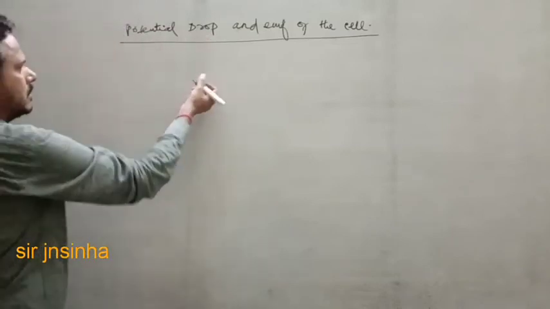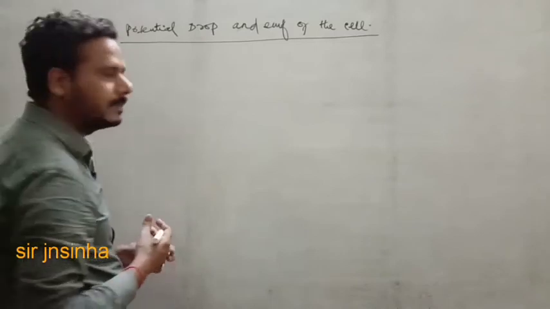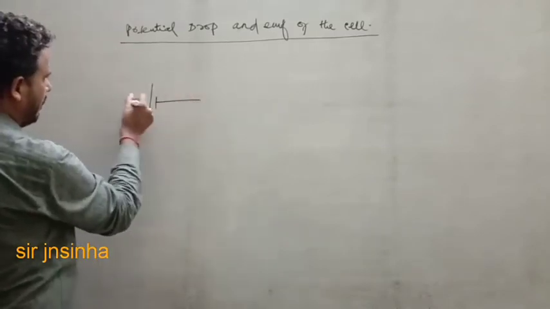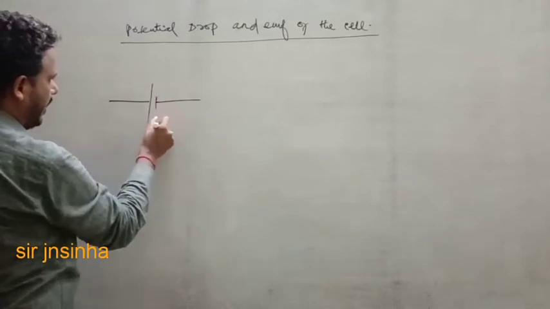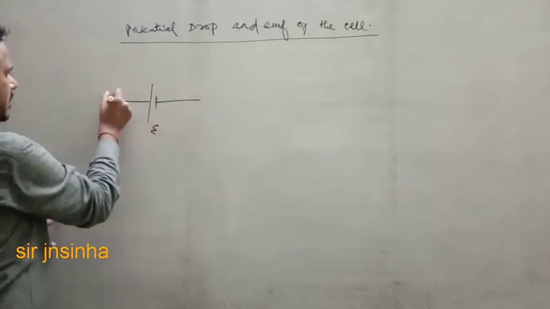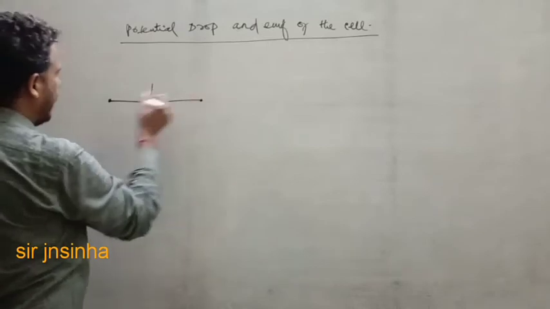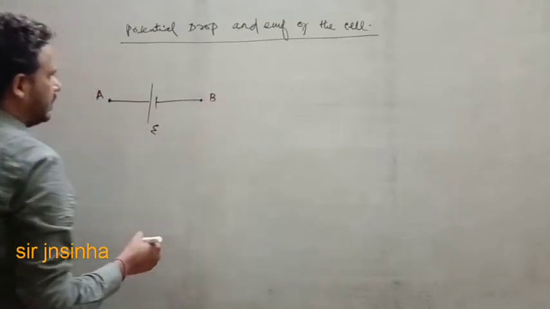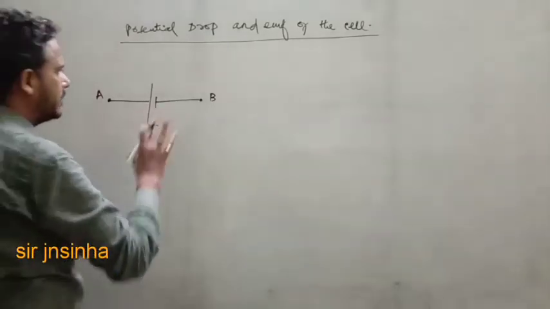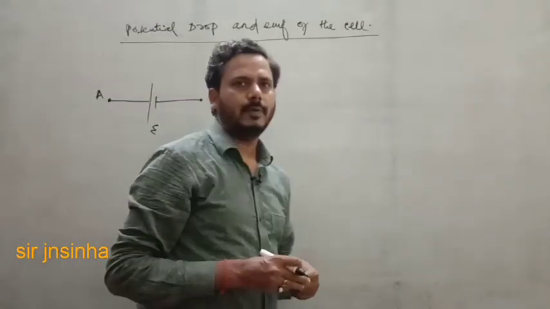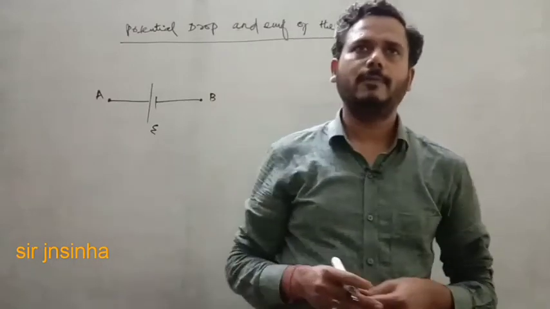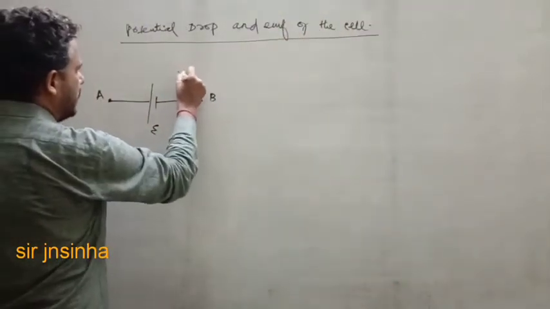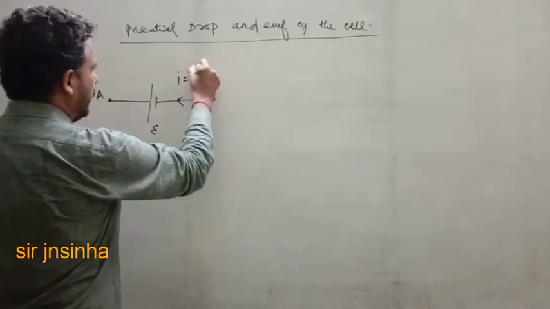Suppose here we have taken an EMF E, its terminals being A and B. Suppose there is no current flowing through this EMF, that means I is equal to 0.